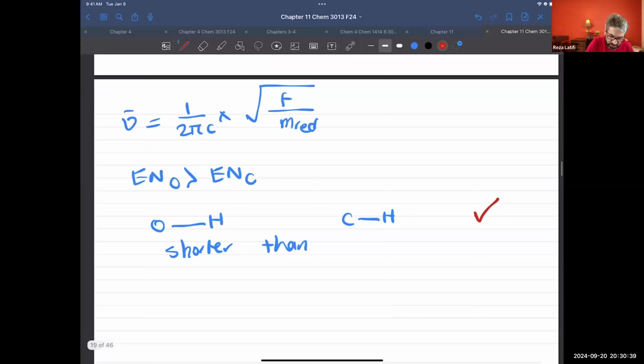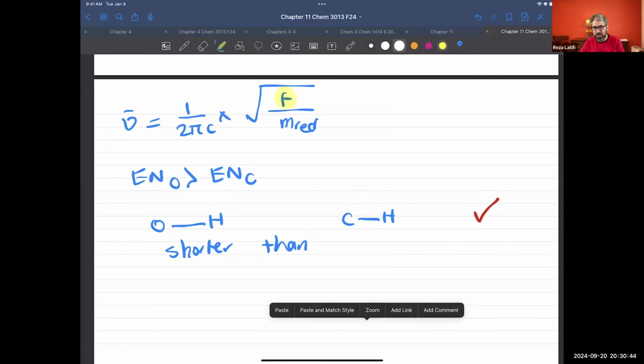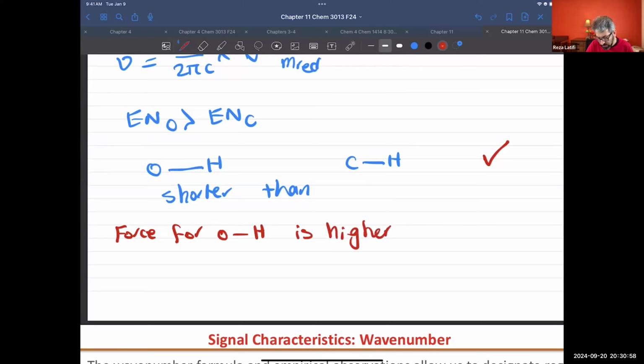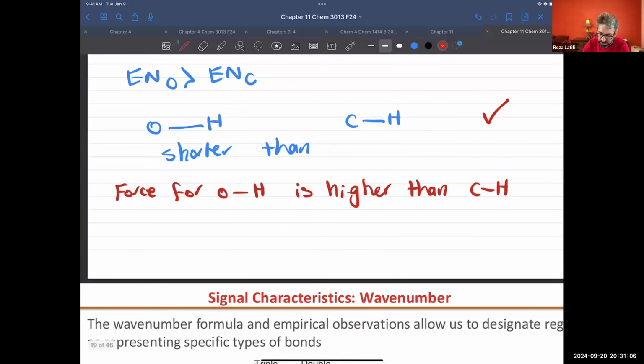So that means the force for OH is higher than CH. So the force for the OH bond is higher than the CH bond. But then you have to include the reduced mass also in your calculation.